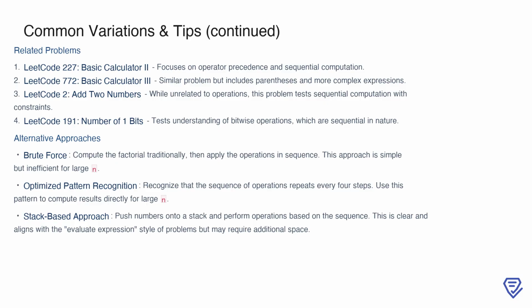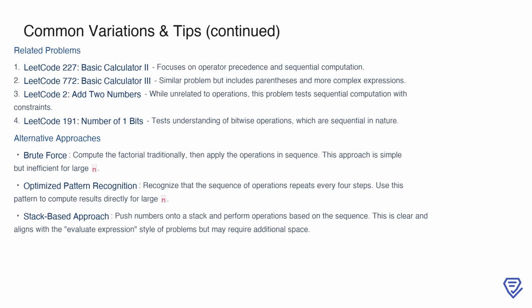LeetCode 2, Add Two Numbers, while unrelated to operators, tests your ability to handle sequential computation with constraints, which is a transferable skill. LeetCode 191, Number of 1 Bits, emphasizes sequential bitwise operations, another example of applying operations systematically.